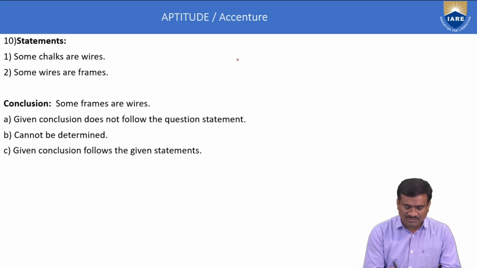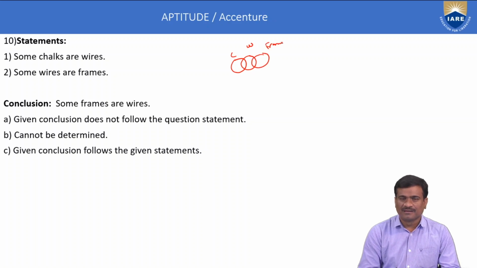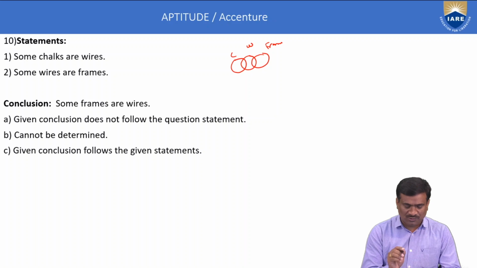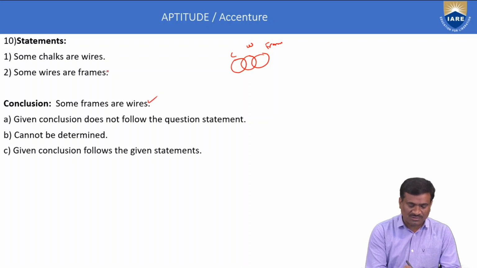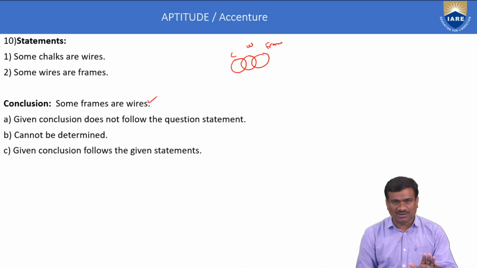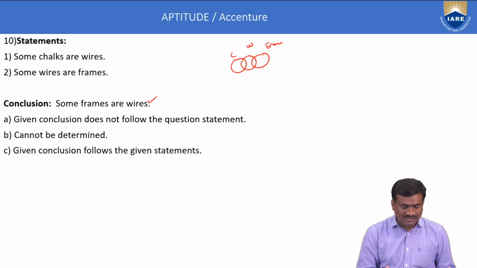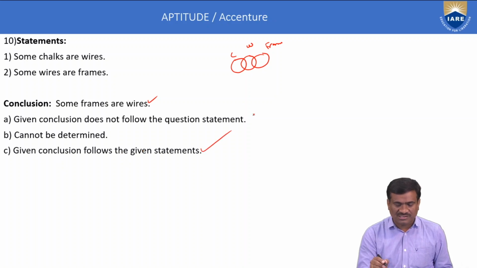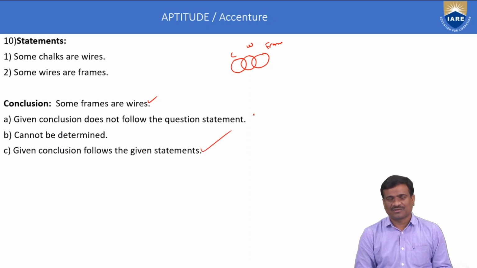First one, some chalks are whites, some whites are frames. In that Venn diagram, check the conclusion. Some frames are whites, that one is exactly correct. Diagram also not required. Some A are B, some B are A, both ways some is correct. So the answer: the given conclusion follows from the given statements. So option C only is correct.